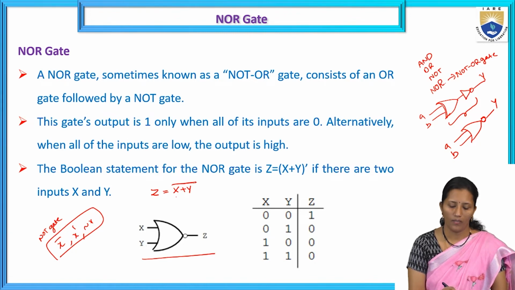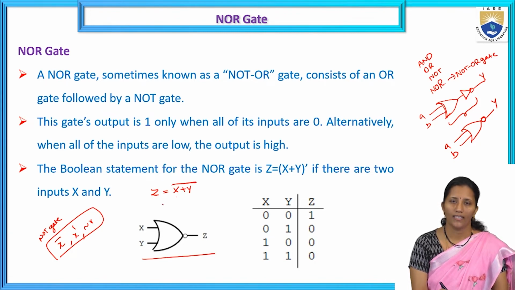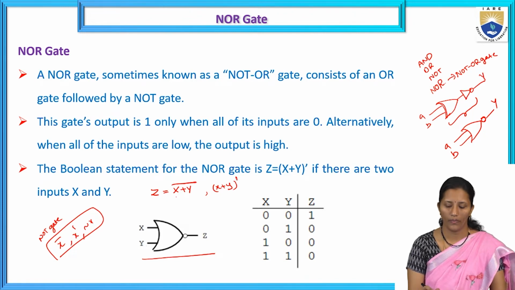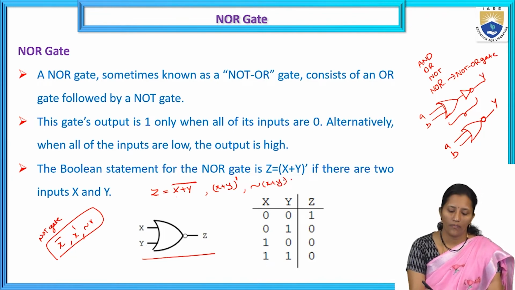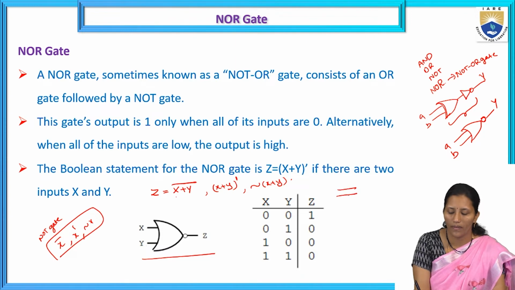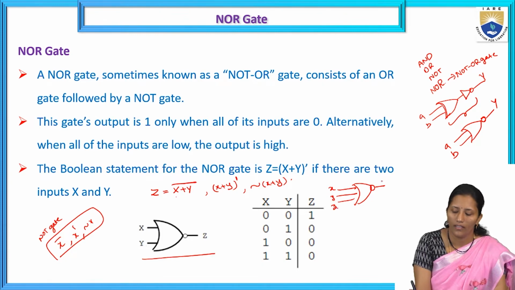So the Boolean statement for the NOR gate is Z is equal to (X plus Y) whole bar, that is nothing but NOT of X plus Y. If we have three inputs X, Y, Z for the NOR gate and P is output, then P is equal to X plus Y plus Z whole bar.